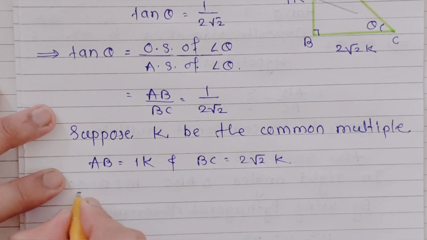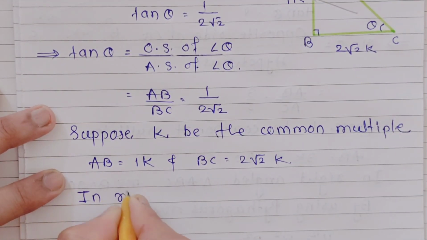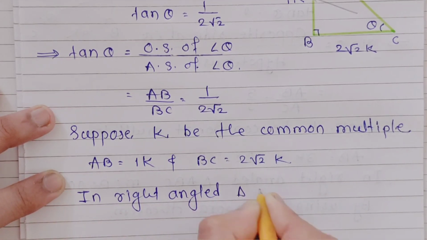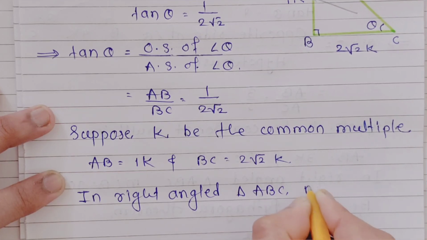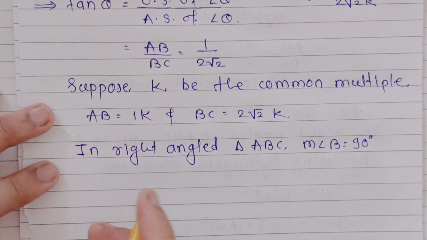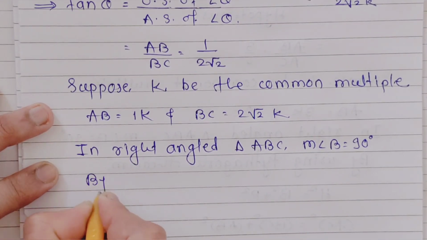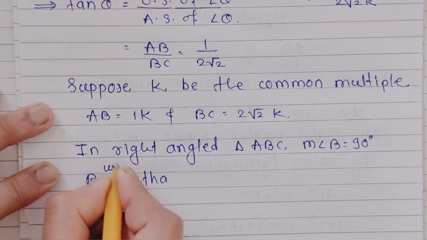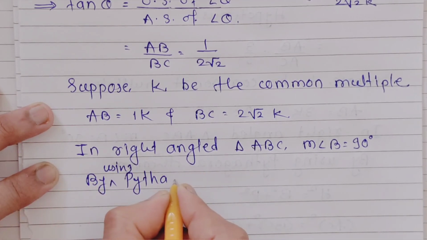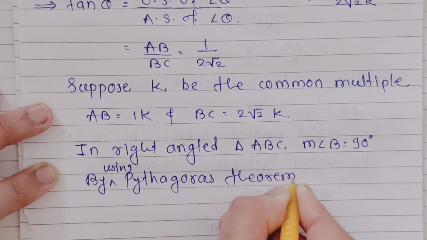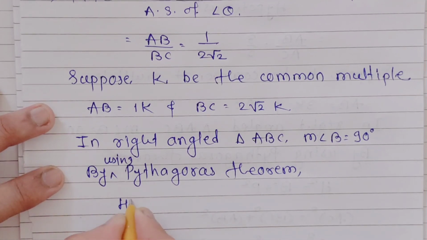So we can write, in right angle triangle ABC, measure of angle B is equal to 90 degrees. So we can apply the Pythagoras theorem. By using the Pythagoras theorem, hypotenuse square is equal to base square plus perpendicular square.